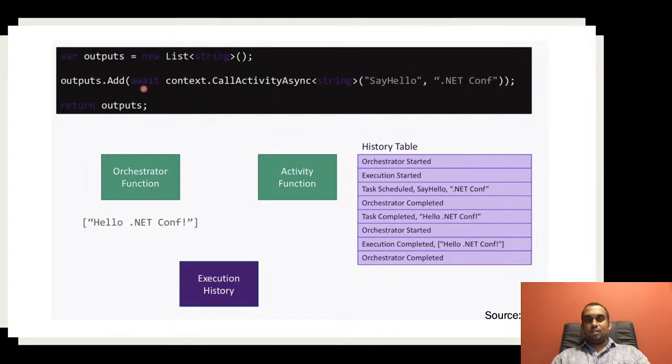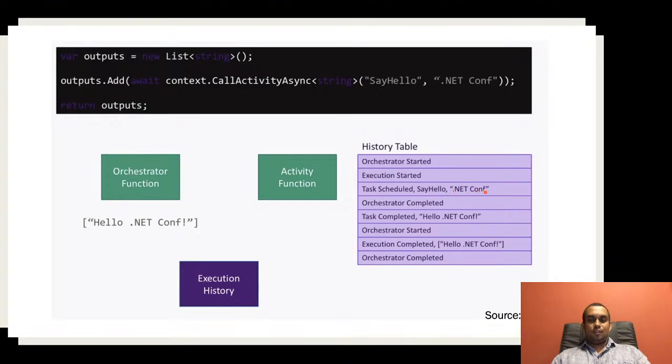It will first go to context.CallActivity and send this .NET Conf string to the SayHello function. SayHello is an activity function, right? So the execution starts and the task is scheduled for SayHello.